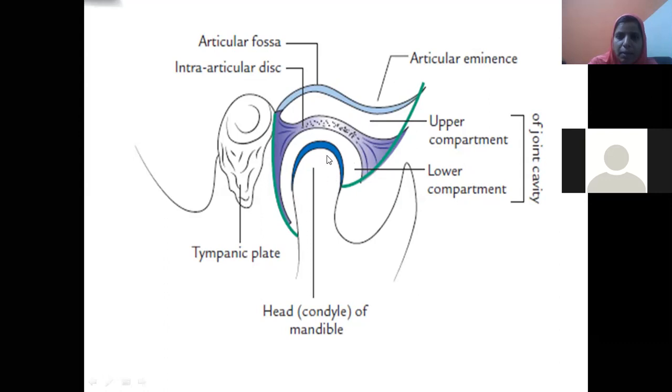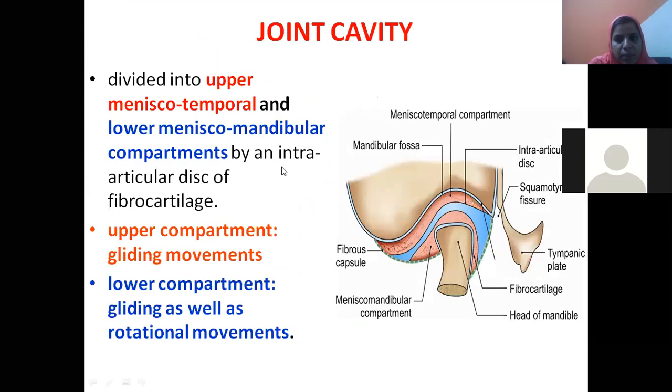Menisco-temporal compartment, menisco-mandibular compartment. Near the mandible, menisco-mandibular. Near the temporal bone, menisco-temporal. Now see here. See the joint cavity, it is divided. This is the blue fibrocartilage. This is our mandibular fossa. This is the head of the mandible.